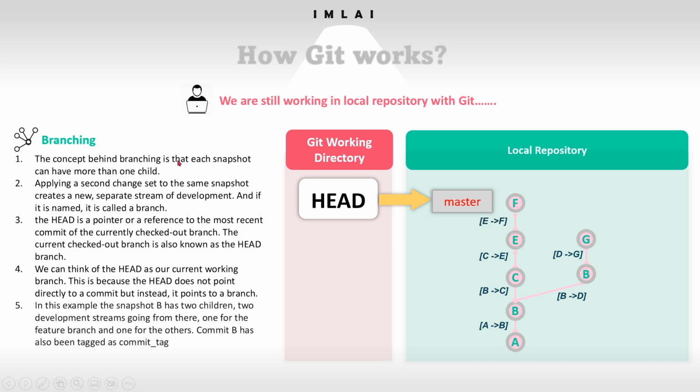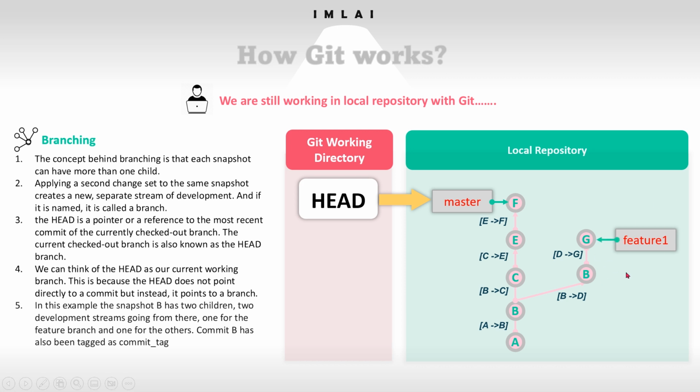So these are all commits. You can see commit A, commit B, and at commit B we have created a branch. And now we have two streams of branches. On this side, we call this branch the feature one branch.